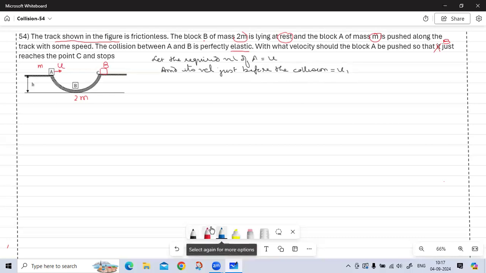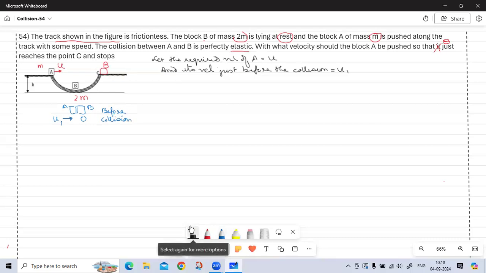That means when block B was sitting here and block A just reaches beside it, this is A and this is B, the velocity of B is 0 and the velocity of A towards the right is say u1. This is just before collision. This is the status just before collision.